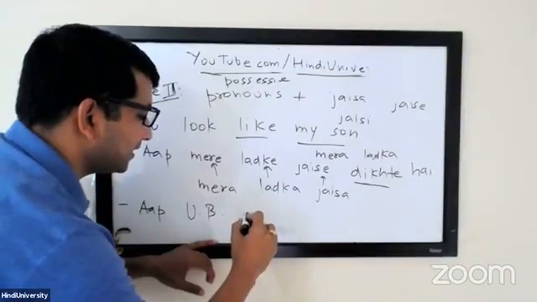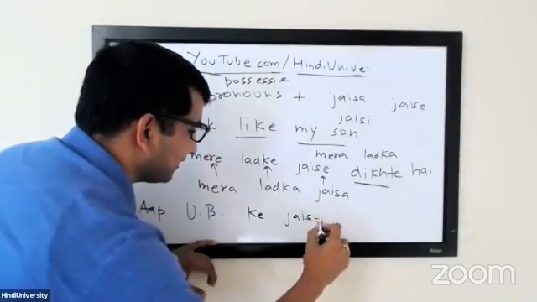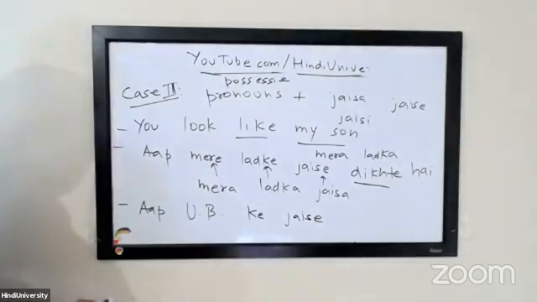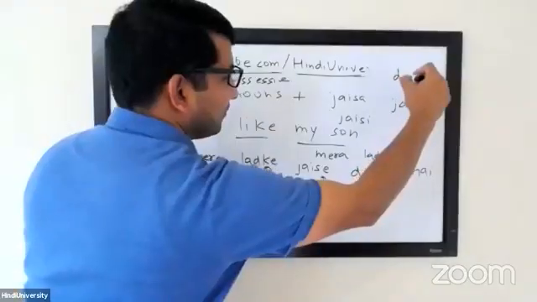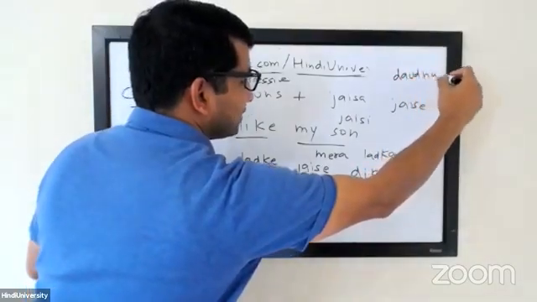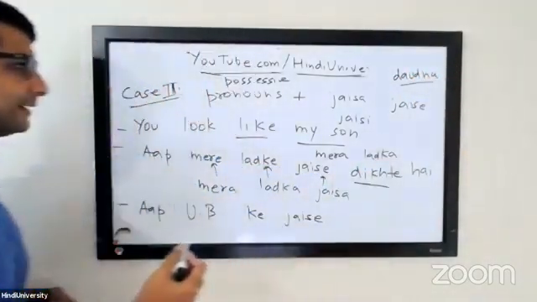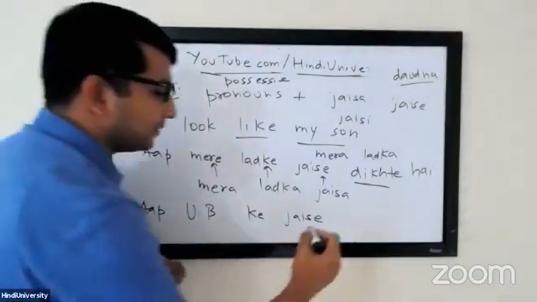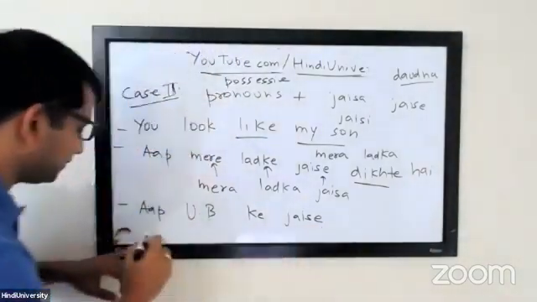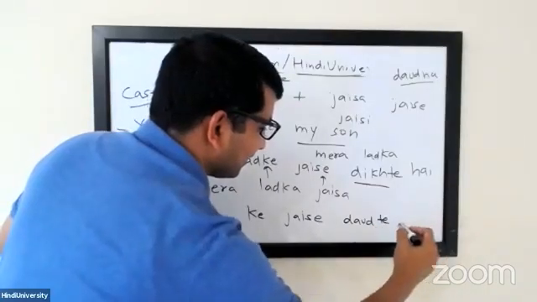Usain Bolt. Masculine singular oblique. Jaise. Very good. K jaise. Okay, jaise. Dordana is the verb, but you want to say it in present indefinite. So I believe it's dorte. Very good. Dorte. One word.